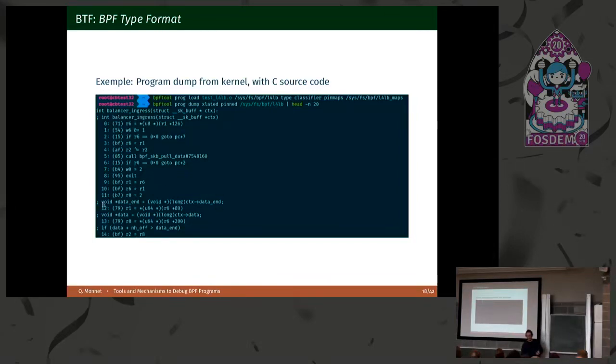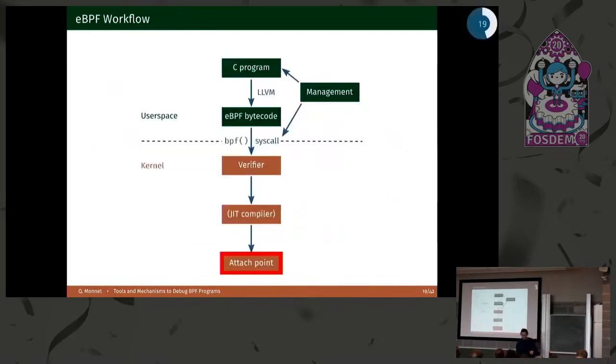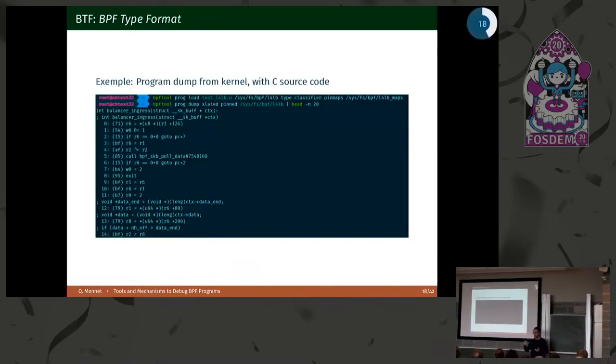Here I have: if data plus offset is superior to data_end, then, and my program goes on. So these are the C instructions that were used to compile the program into BPF bytecode. But I get this information from the kernel now because the kernel knows this information about the program. That's useful to understand what's going on.